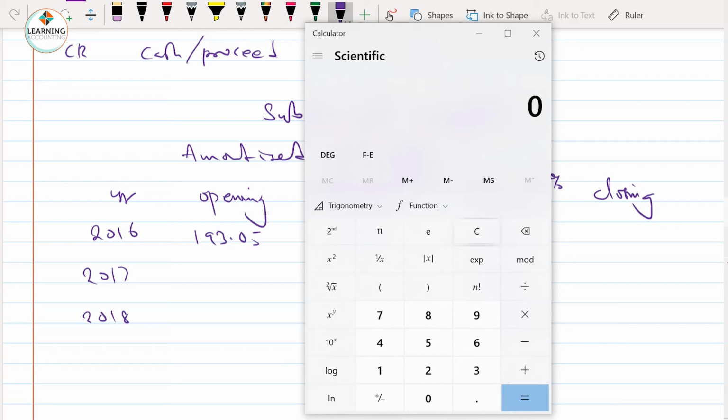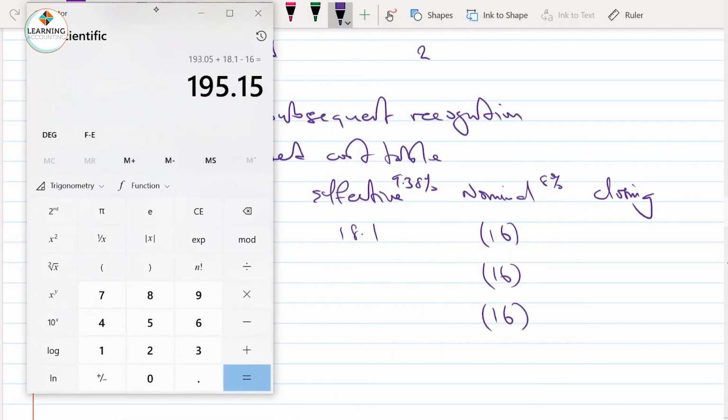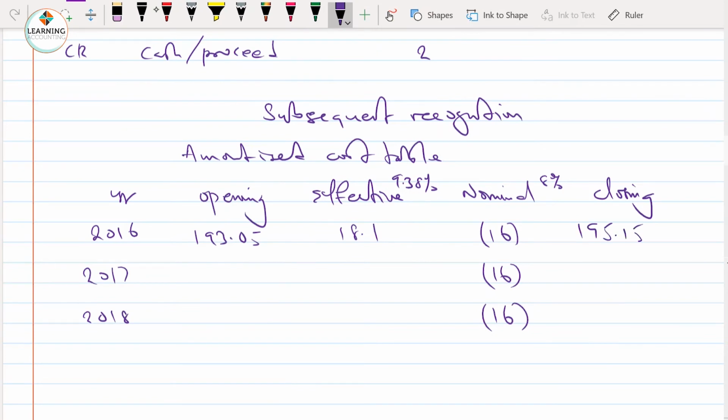Okay, let me do the calculation again. 193.05, I missed it, plus 18.1 minus 16. Okay, so you have 195.15. This, of course, will be non-current liability in that particular year and becomes the opening in year 2.